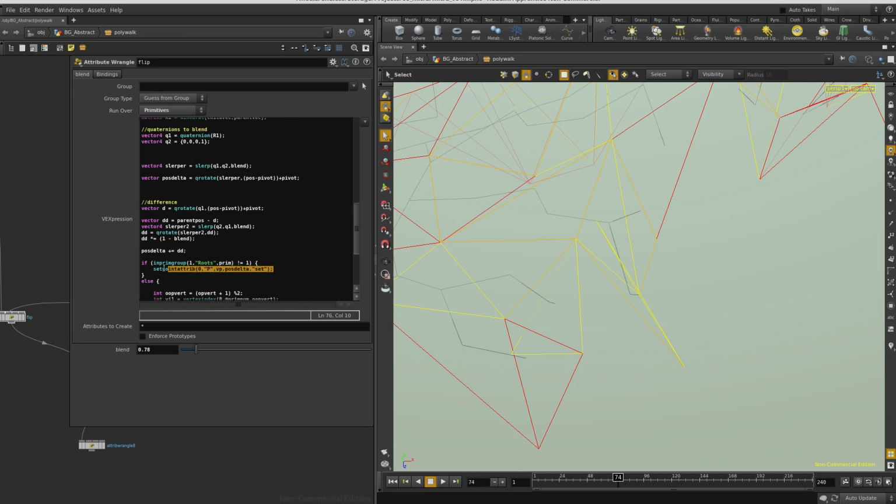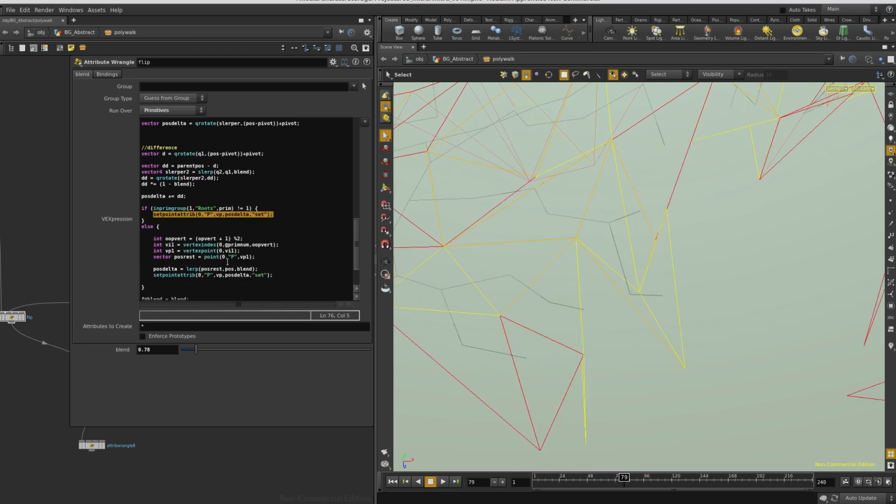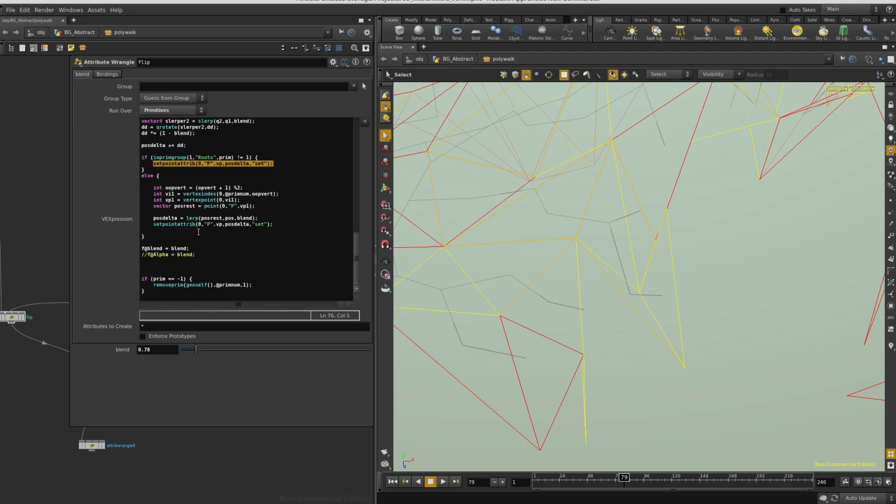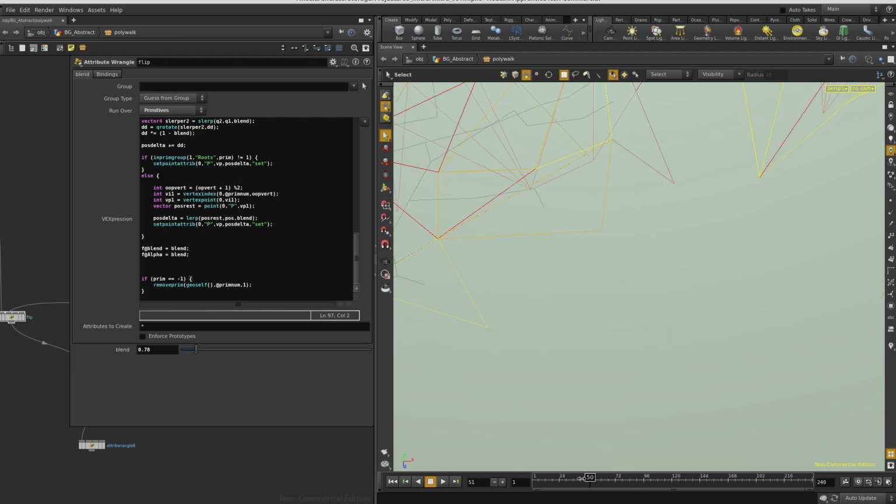And basically, if it's not a root primitive, if it's not a starting triangle, rotate it. And for the starting ones, we just put the original slide code in here, and that's it. And just delete the primitives if there's no primitive yet.